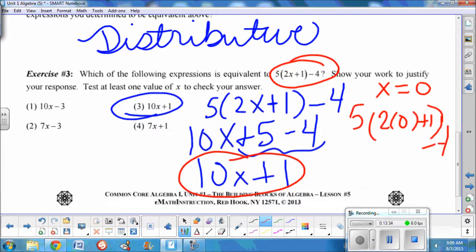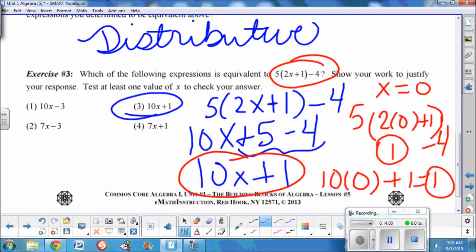I apologize, I'm running out of space here. Some order of operations: 2 times 0, and 0 plus 1. So I've got 1 times 5 is 5. 5 minus 4 is 1. Let's see, does the same thing happen with our answer down here? Plug in 0. 10 times 0 plus 1. Certainly shows that those two expressions are equivalent. Go ahead, flip the page.